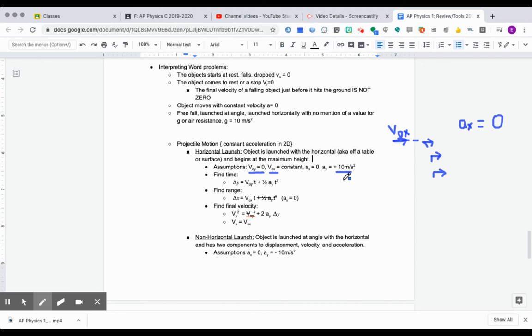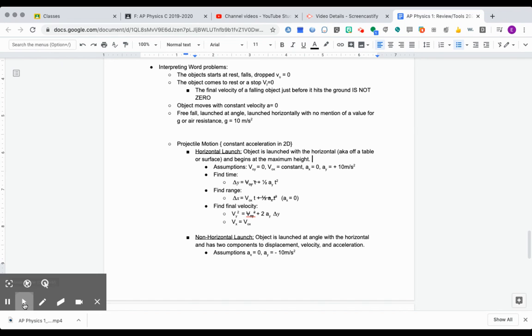Typically in these problems, we might not use this exact equation to find the exact variable listed, but we'll use that equation to find a variable that is missing. So basically here, we might not specifically want to find time, but if we know the maximum height, we can find the time.